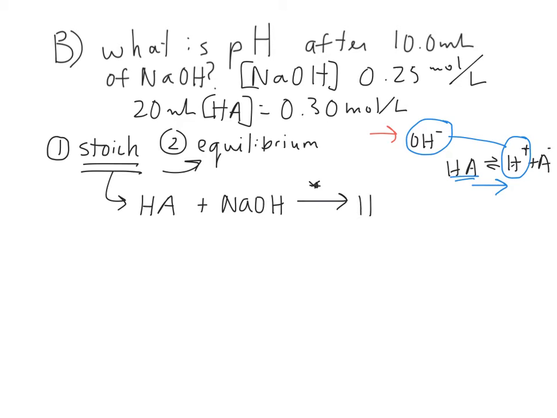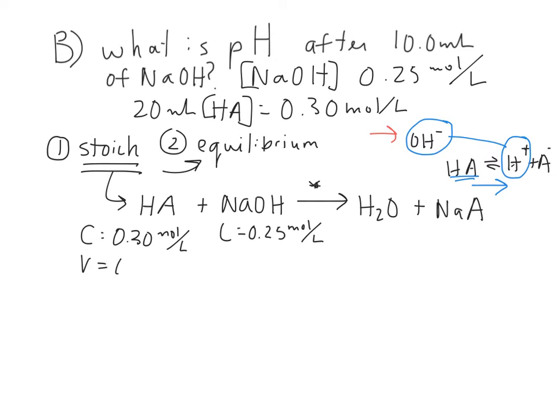So you can get water, okay? You're going to get sodium acetate, or whatever the anion is of that weak acid, okay? Again, in this sample problem, it's acetate, okay? So this is now a nice table. This is my stoich. I have a concentration of 0.25 moles per liter of my sodium hydroxide. I have a concentration of 0.30 moles per liter of my weak acid.